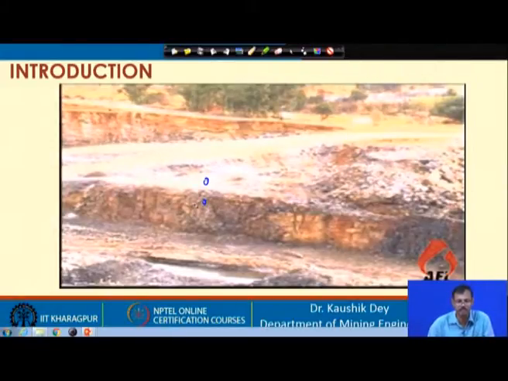So, you cannot see this, and you place this explosive inside the rock mass, then you keep yourself away from that place. You initiate your explosive from that remote place, so that you can be safe, and this explosive is exploded.